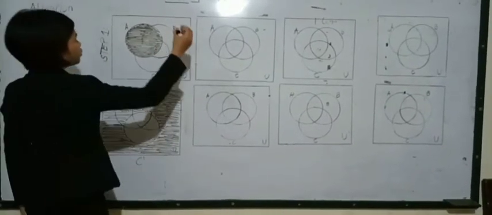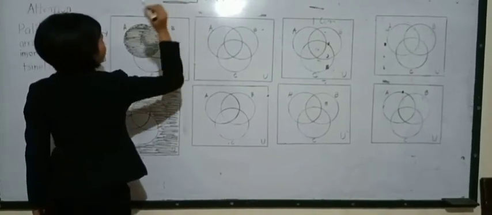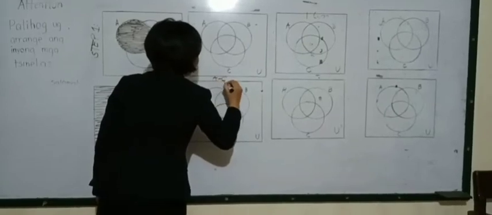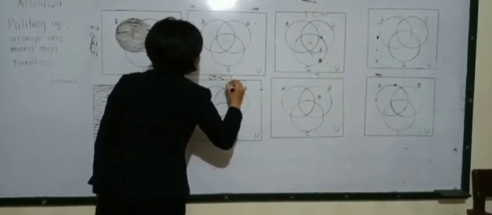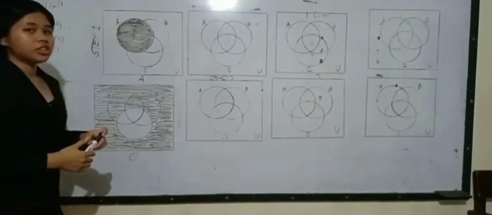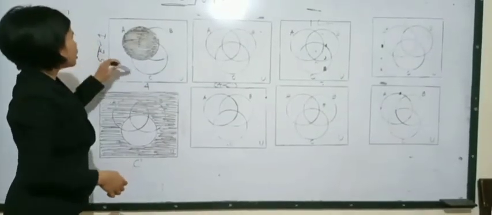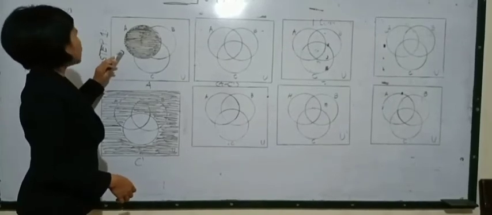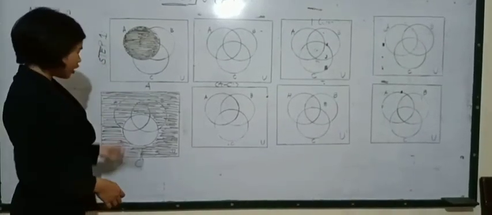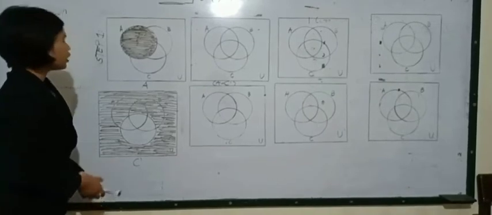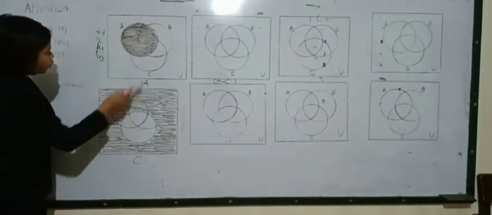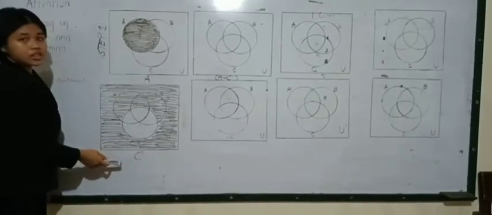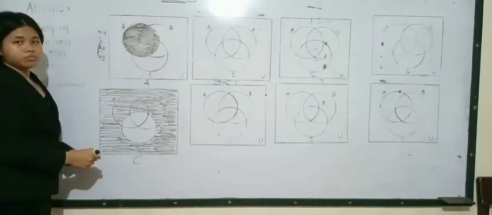Next, we are going to find the A minus C prime. So A minus C prime is all of the shaded area, all of the elements that can be found in set A that are not in set C prime. So, let's take a look. What is the shaded area in set A that is not in set C prime?